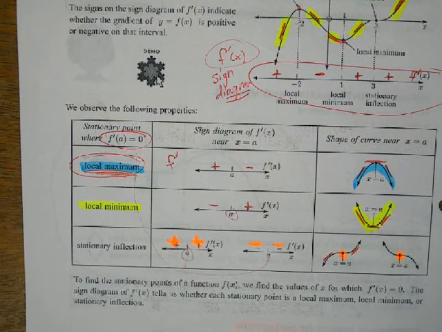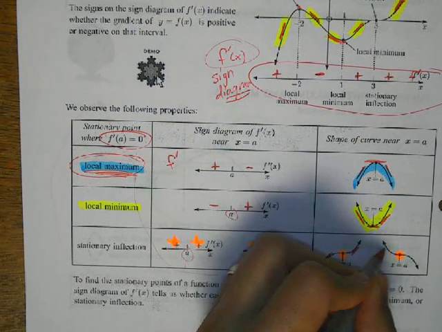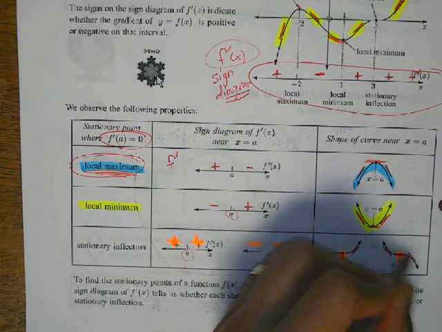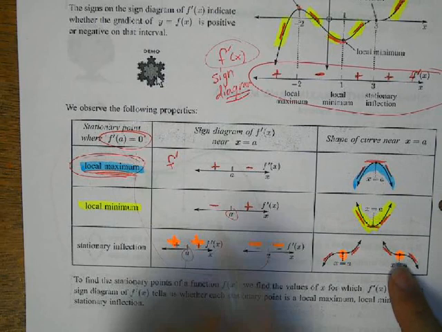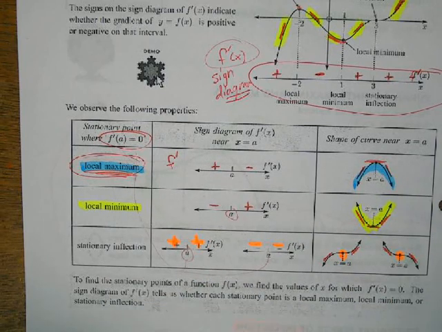Negative slope on this side and negative slope on this side, and the derivative is 0. And those are all the possible combinations: positive to negative, negative to positive, positive to positive, negative to negative.